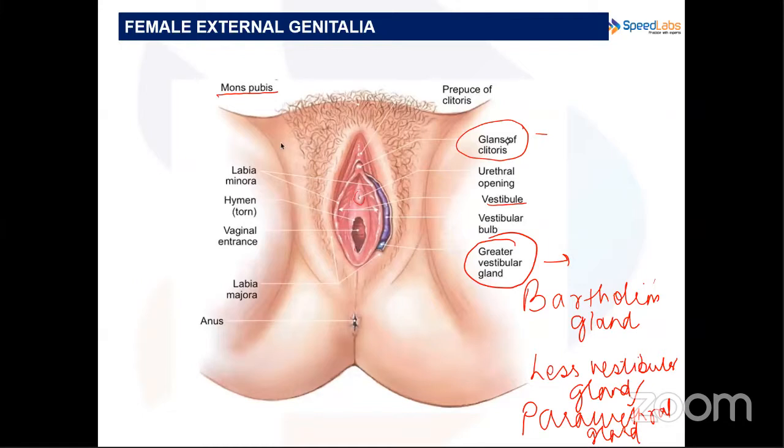Again, I'm going to tell you about all of this. All right. So these are the important structures that form the external genitalia of a female.